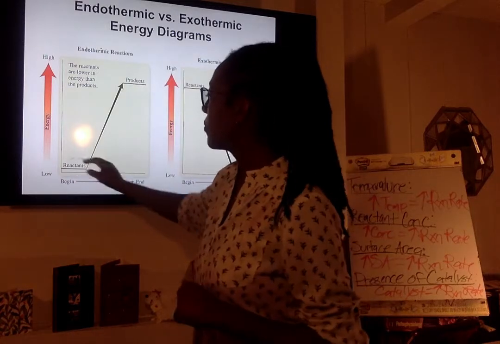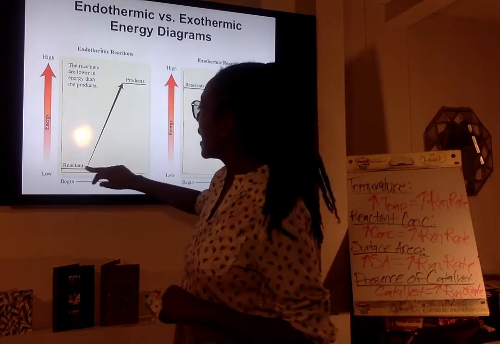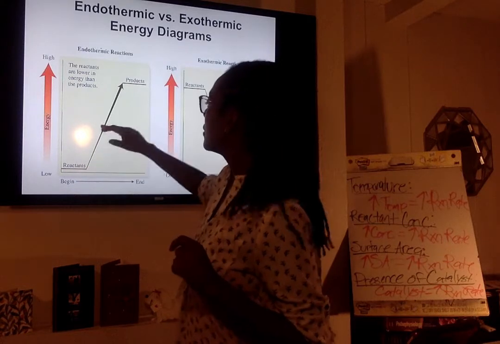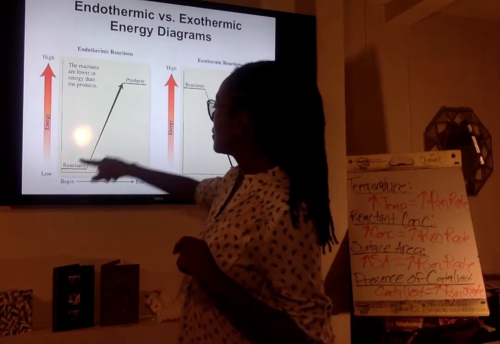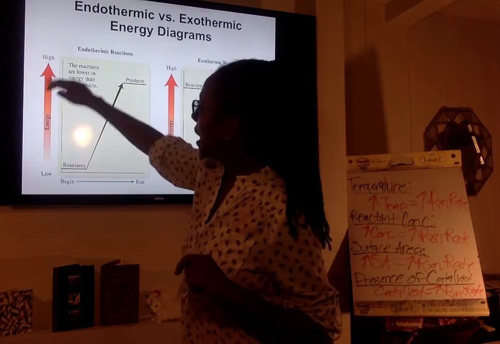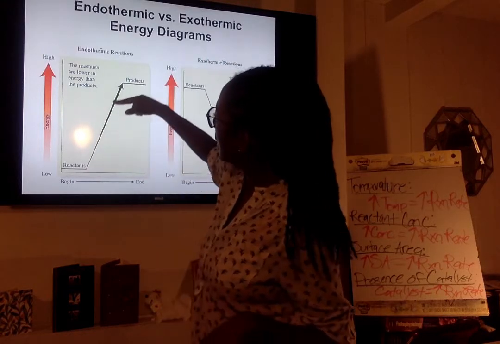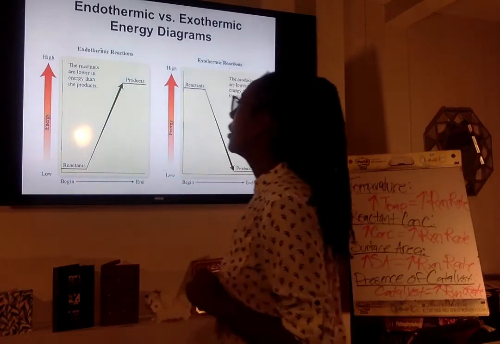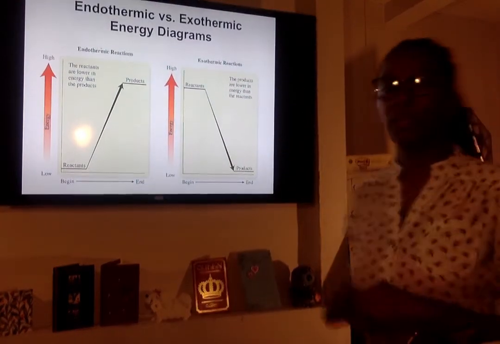So as we start with the low energy and we add energy, we're increasing the energy in order to get our product. So the reactants are lower in energy than the products for the endothermic, right?